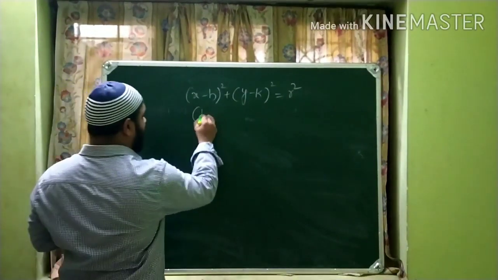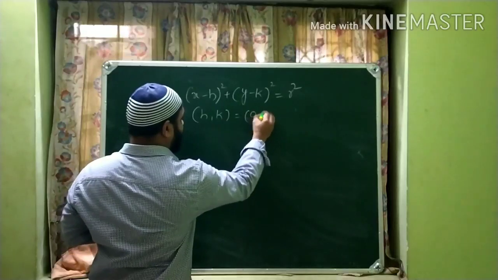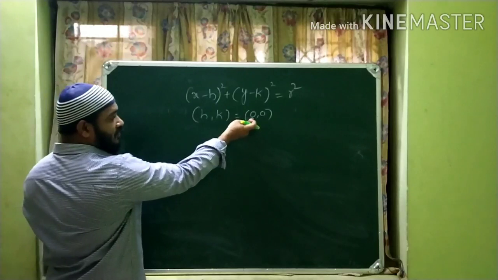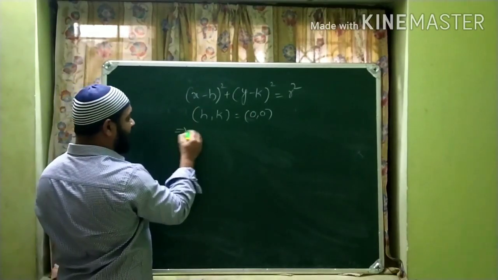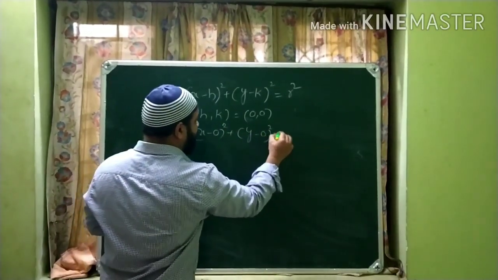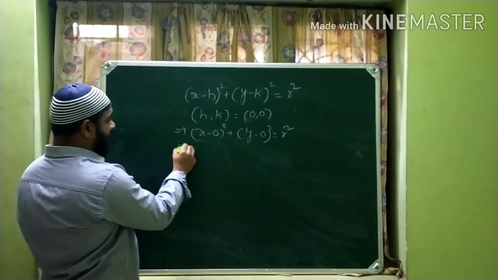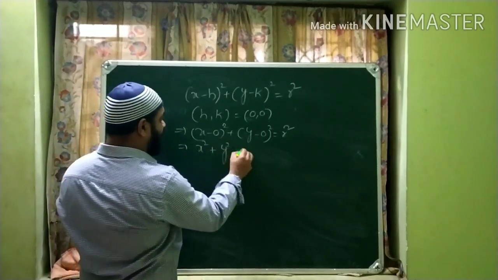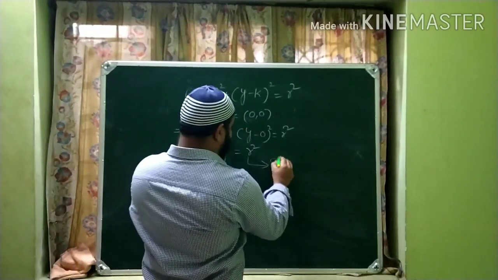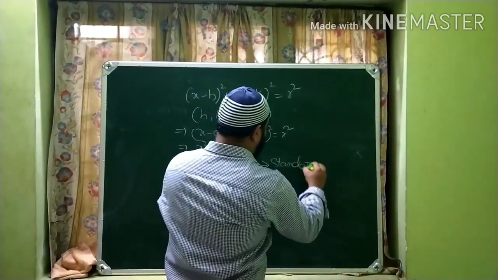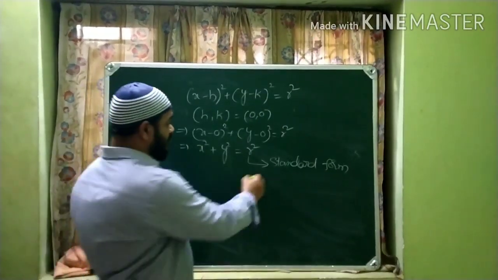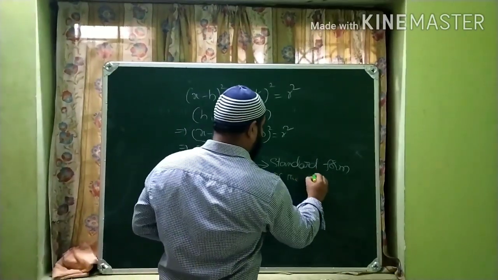So if (h, k) is equal to (0, 0), if you substitute this (0, 0) back into the given equation, then let us see what will happen. (x minus 0) whole square plus (y minus 0) whole square equals r square, which implies x square plus y square equals r square. This is the standard form of the circle.